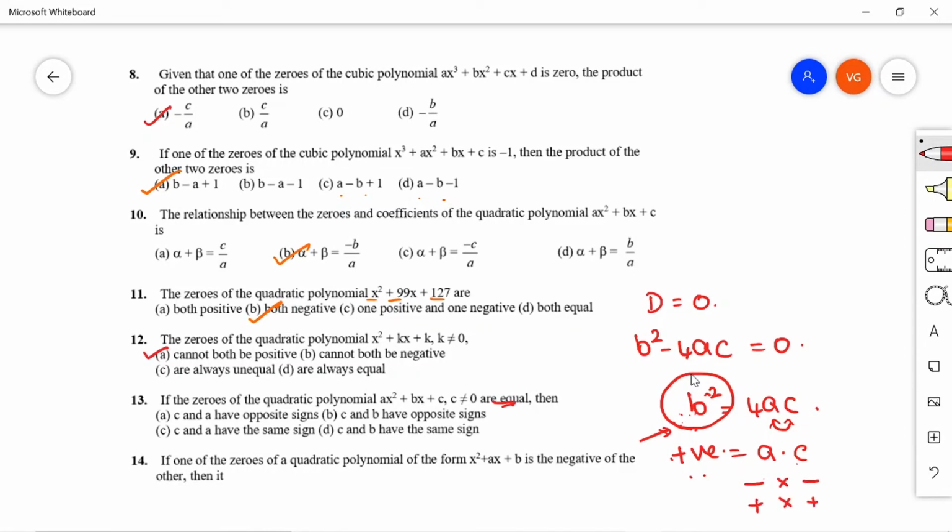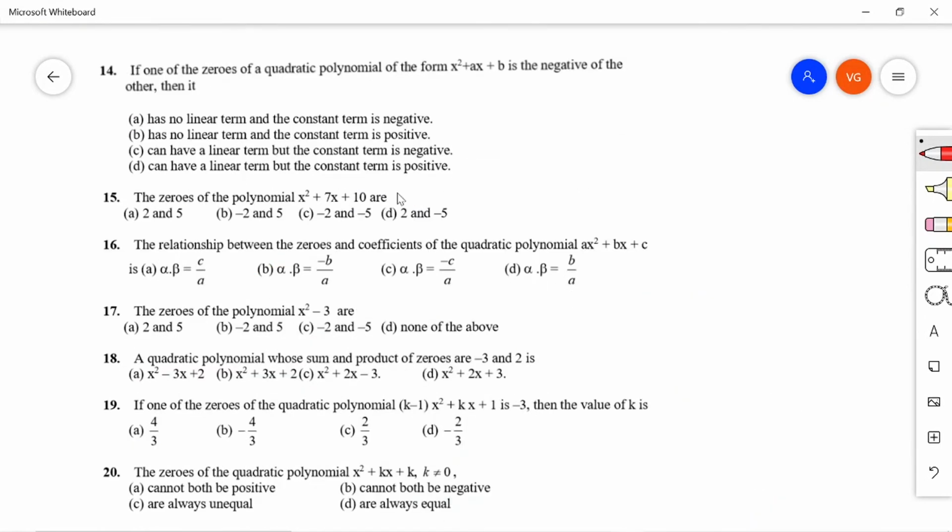Anything will be positive. Now let us go to options. C and A should have opposite signs. No, wrong. They should have both same sign. B and C have opposite sign. No rule. C and A have same sign. Correct, right? So A and C should have same sign. Option C is correct here.